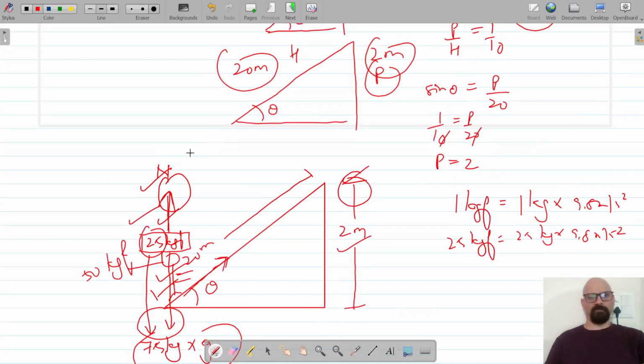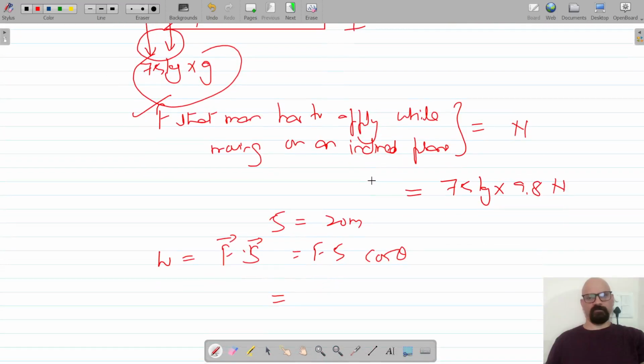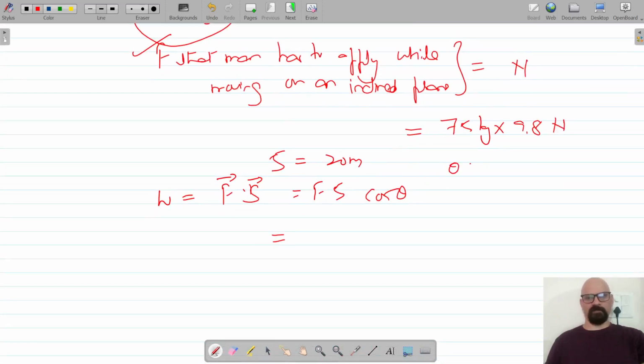Theta here is zero, because the man is applying the force vertically upwards and the distance is also vertical, so the angle between them is zero. Here the force is 75 into 9.8 newtons, the vertical displacement is 2, and cos 0 is 1.